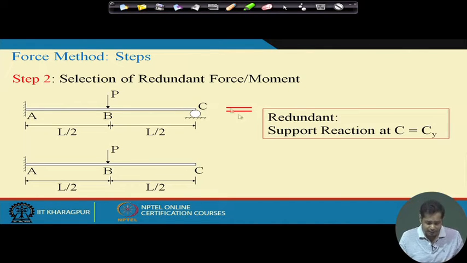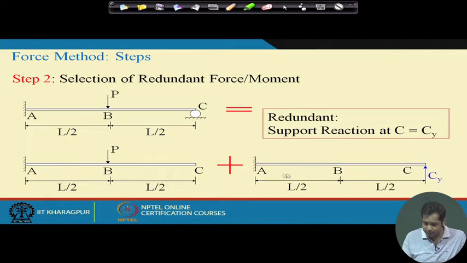One part is this, where we remove the redundant force, and then this becomes a statically determinate structure. The next part is the same structure subjected to the redundant force. So, this plus this will give us this structure, that is, the principle of superposition.